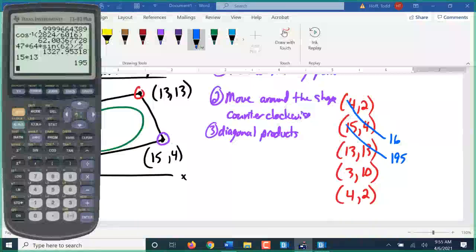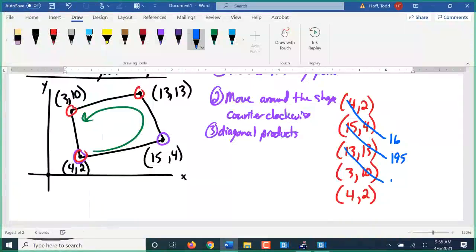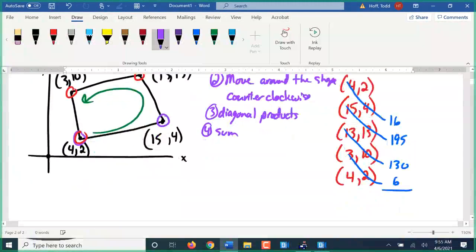It is. 13 times 10 is 130, and 3 times 2 is 6. And we are going to add those up. Find the sum. 16 plus 195 is 211, then 341, 347 is my total, my sum of those diagonal products.